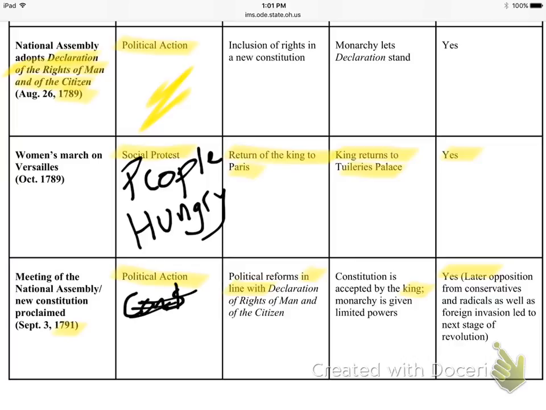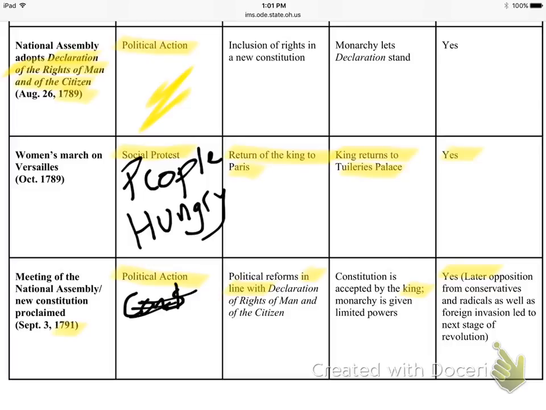But later on down the road, as we'll see a little bit, conservatives and radicals, as well as foreign invasion, led to the next stage of the revolution. So even though they got a constitution, it gets thrown out the window because later on, some radicals said, this isn't good enough. We don't want a king. So eventually, they took the king and they chopped off his head and they put in a new government, which is pretty interesting in and of itself, because it wouldn't be the last government France sees.